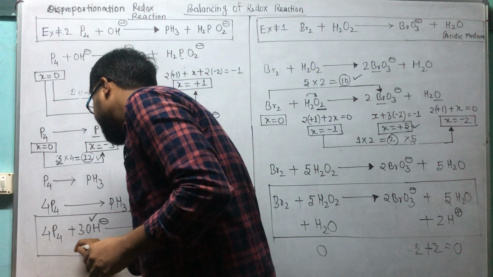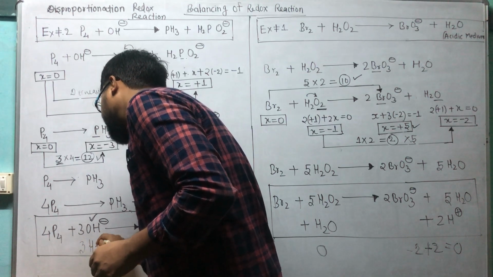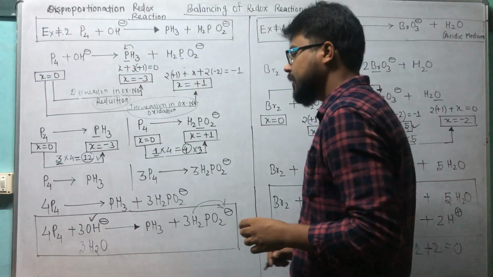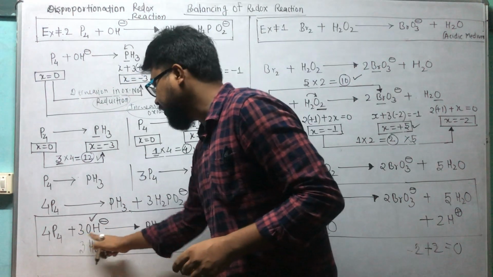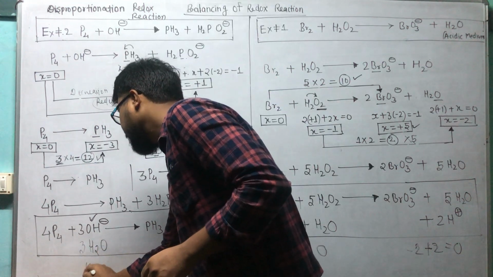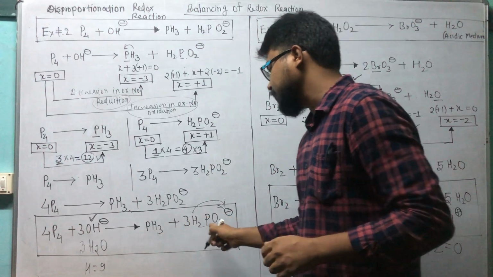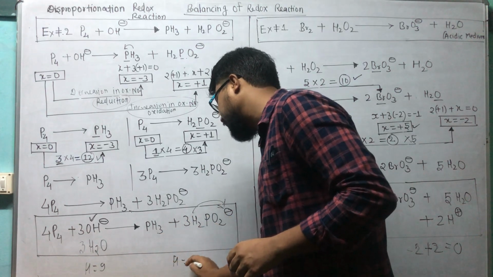If I add 3H2O, check now how many H atoms: 3 and 3 into 2 is 6, so H equals 9. Here 3 and 3 into 2, 6, that is H equals 9.